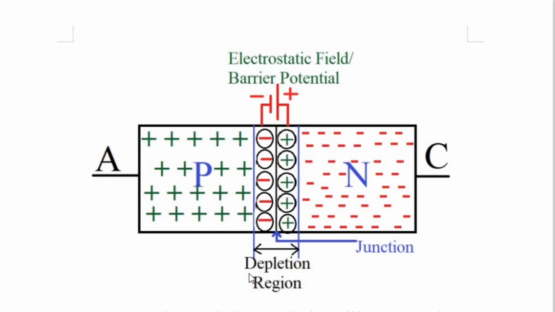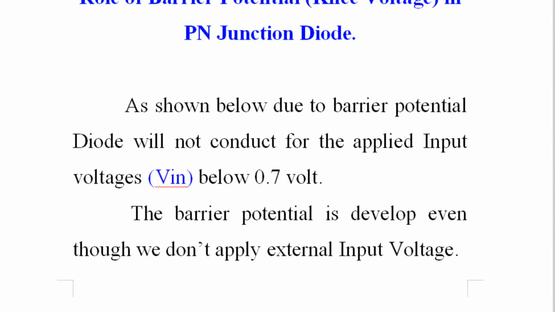At that time, the input voltage applied to the PN junction diode with the help of the external battery must be greater than this barrier potential. Then only the PN junction diode will start conducting, otherwise not. And that is what is said here: as shown below, due to barrier potential, the diode will not conduct for applied input voltages below 0.7 volt.